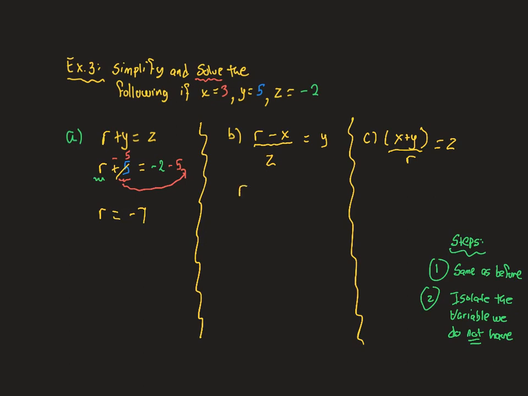So once again, I don't know what R is. I do know my X. I do know my z, and I do know my y. Now remember, the first step you always want to do here, just in case you guys have forgotten the steps of how you isolate, I'm going to write them up here in a different color.